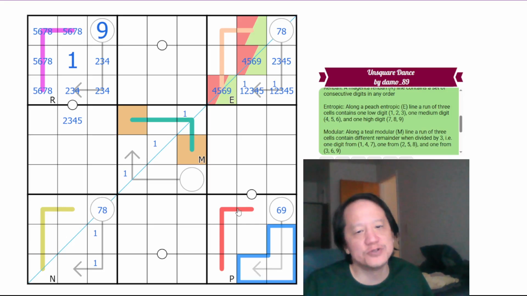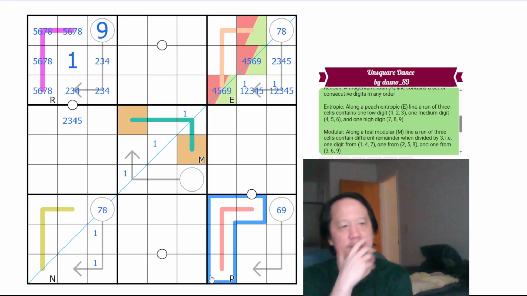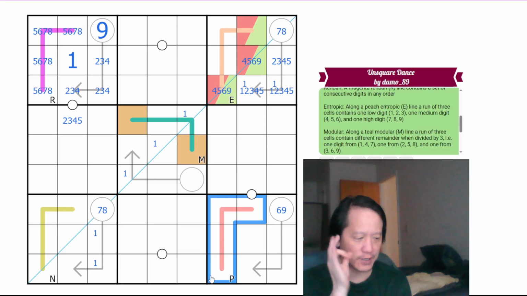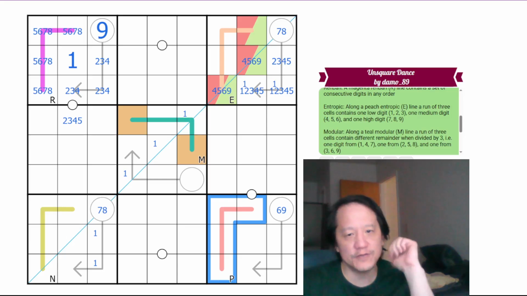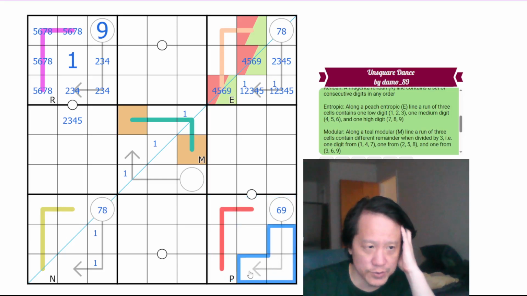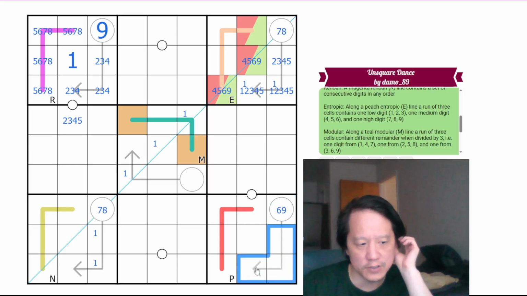Well, this alternates between parities. So we have 2 evens and 2 odds here. That means in the rest of the box, we have to have 3 odds and 2 evens. So if this is 6, this has to be 1, 2, 3. And that works. So that would make this odd. If this is 9, it could be 1, 2, 6 here.